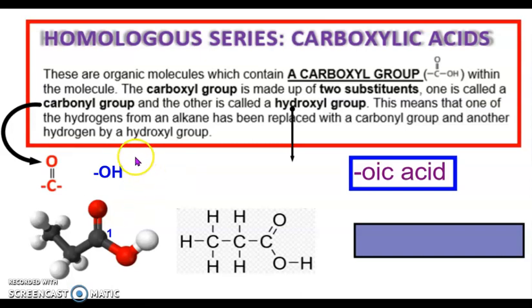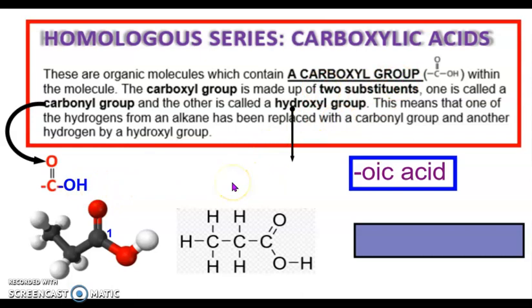What we have is this hydroxide, which is an OH, bonded to a carbon that is double bonded to the oxygen, so bonded to a carbonyl group. And together, those two, the carbonyl group and the hydroxide, are called a carboxyl group.